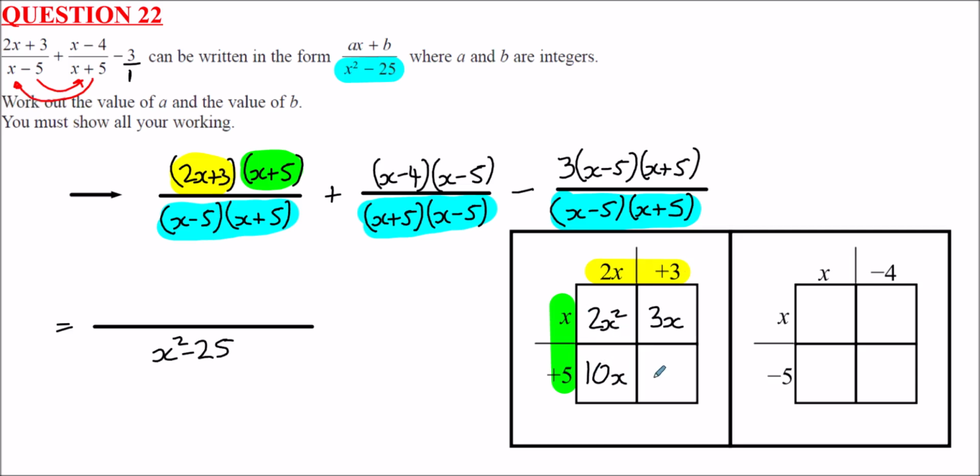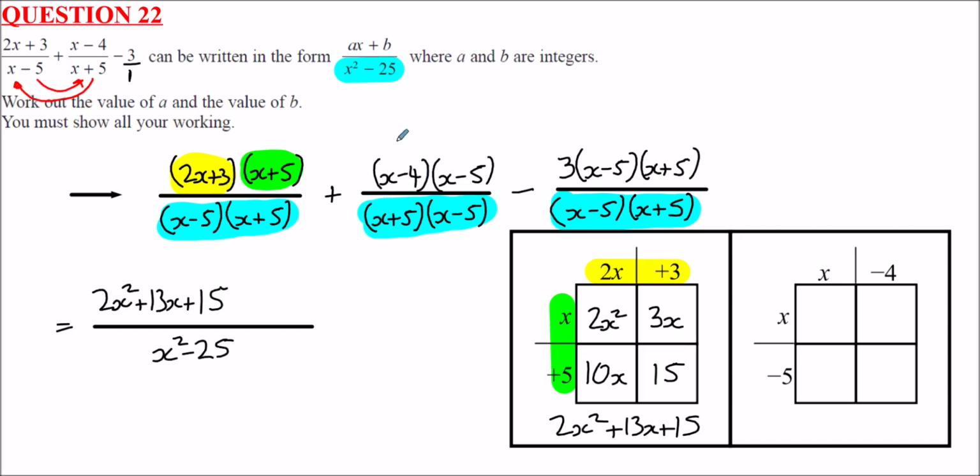And finally, 5 times 3 is 15. So this one becomes 2x squared plus 13x plus 15.